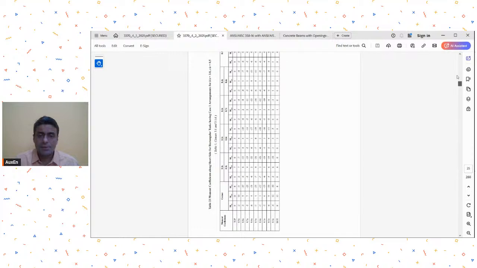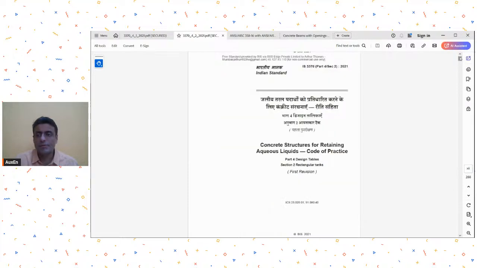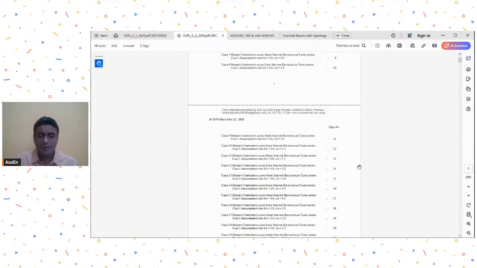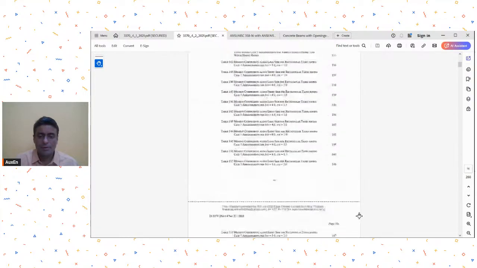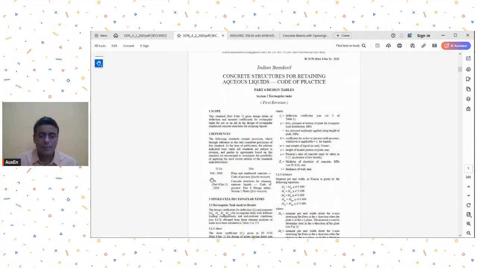Just a minute. I just wanted to show you that line where they're writing where the shear coefficients have to be taken from. Such a long table. Yeah.